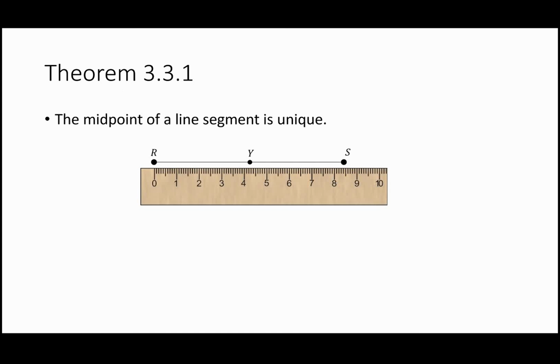So this theorem is just expanding on that definition to say that the midpoint is unique. There can be no other midpoint on a line segment of a fixed length.